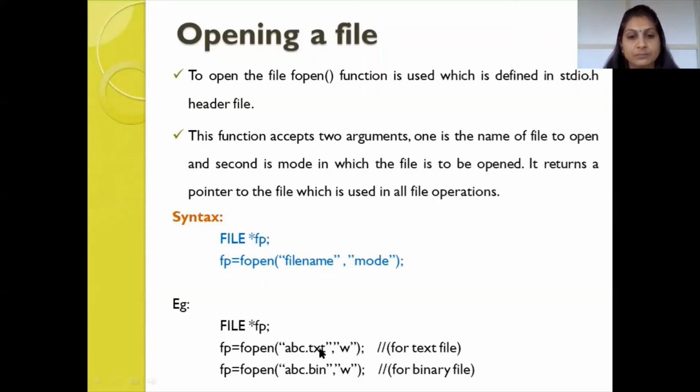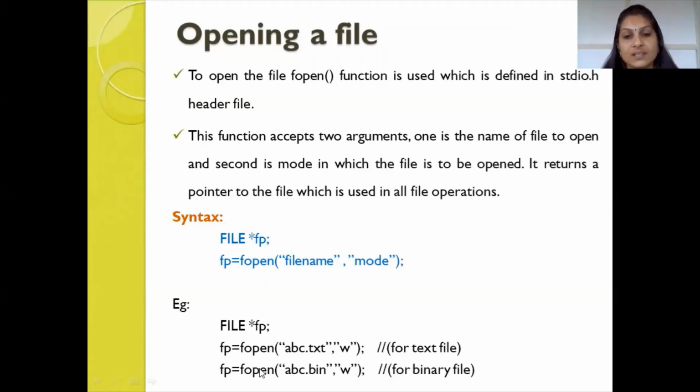The first is a text file, and the first argument in the fopen function is the file name, abc.txt. Now the mode: here we write w. W stands for write. So this function opens a file named abc.txt, and fp is a pointer to that file. The second example is fopen abc.bin, which stands for a binary file. So this opens the abc binary file in write mode, and fp is a pointer to that file.